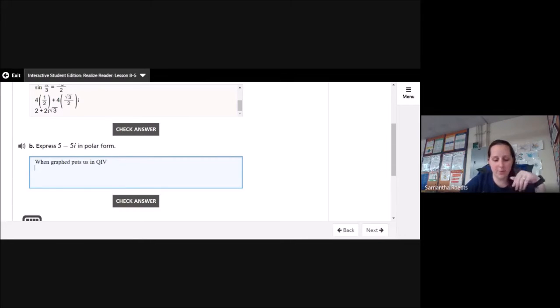Then I'm going to take those two numbers, so r equals the absolute value of z.